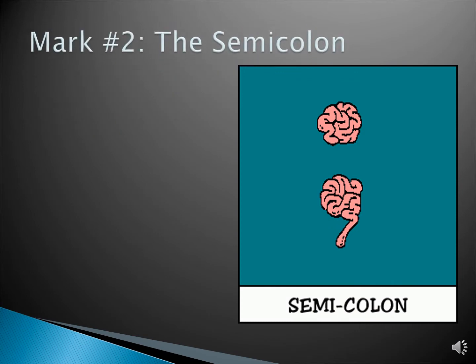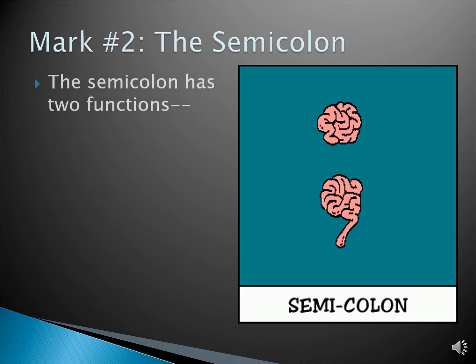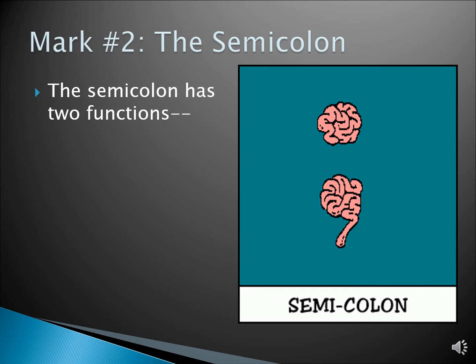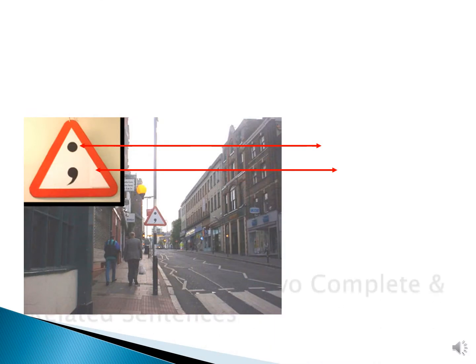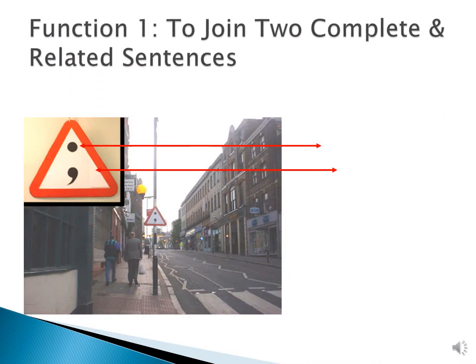Probably for us, the second mark is more common, and we've already talked about how nice this is, the semicolon. And a semicolon has two functions. I think the second one we probably will not see that much of. This is the one that we tend to use the most. So you're going to take two complete sentences, because first and foremost, a semicolon is a period. That's why it has that dot on top.